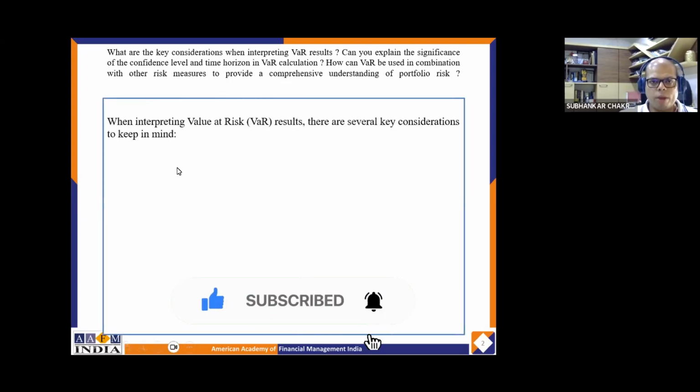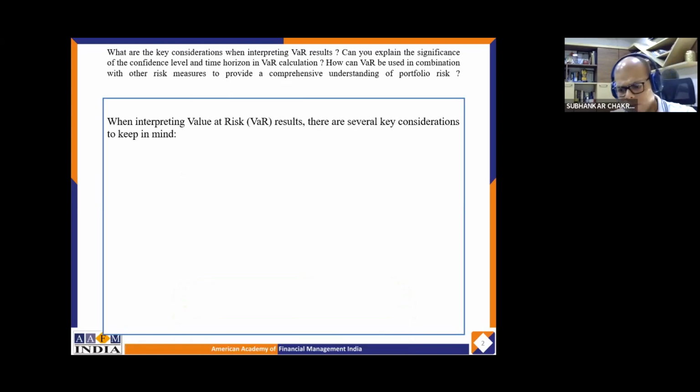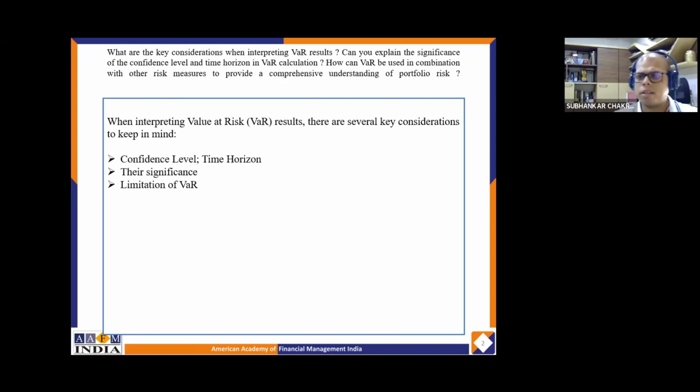So when interpreting a value at risk result, one has to have certain key considerations, and one is confidence level and time horizon. Now, what is confidence level? Confidence level is the level at which you think the loss would be significant. So that is what VaR says, if you are trying to understand a level at which your risk will be higher.